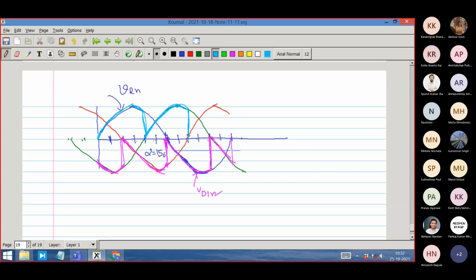This is produced by VD2N, and your convention is V rect equal to VD1N minus VD2N. Since VD1N is negative and VD2N is positive, it is producing an even more negative voltage, right? So we'll just sketch that.